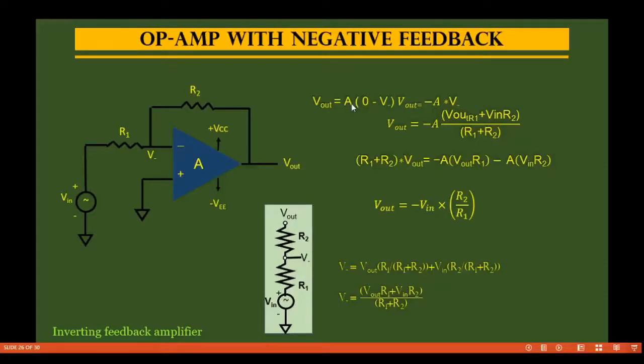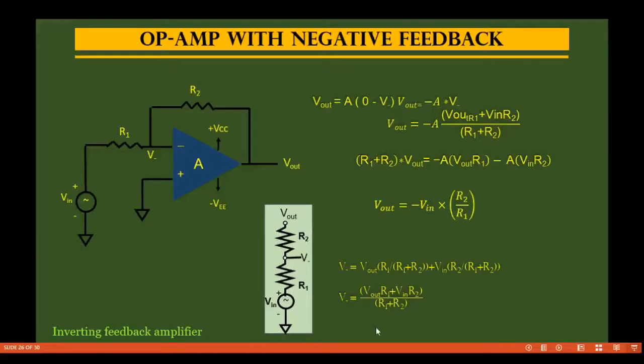So V out equals A times (0 minus V minus), and so this comes out to be minus A times V minus, right? V minus, as we have measured here, since two voltages are acting at a time on these two resistances of the divider, is equal to V out times R1 upon R1 plus R2 plus V in times R2 upon R1 plus R2, right?